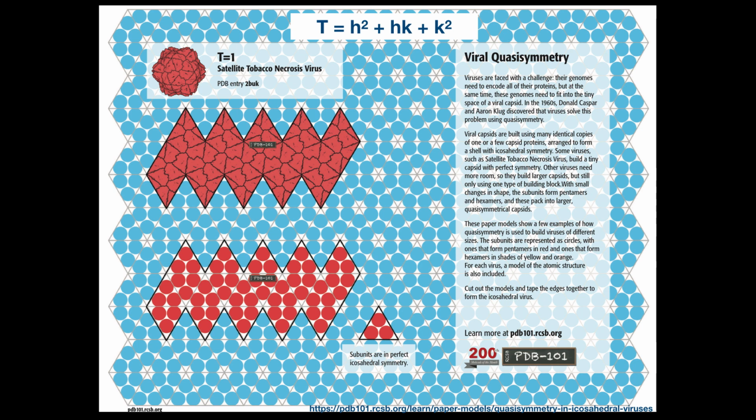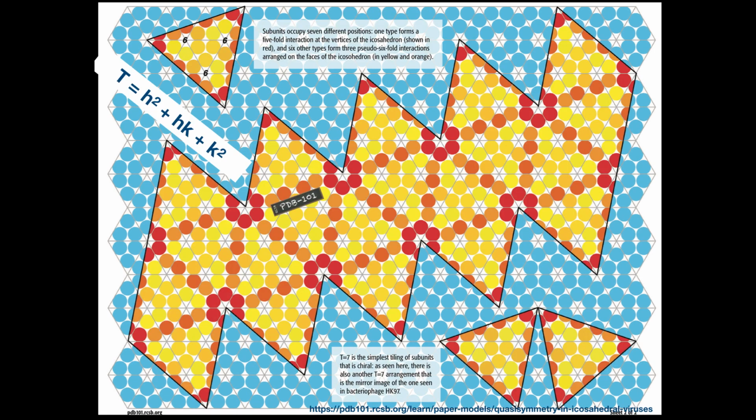So one conformation that you have. Now if you go up to T equals 7, there are 7 different conformations that each of those capsid proteins has with each other. And that's supposed to be shown here, which is these sort of different shadings going from yellow all the way to red.